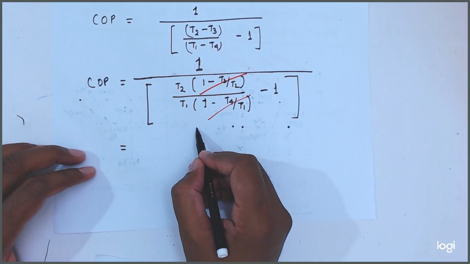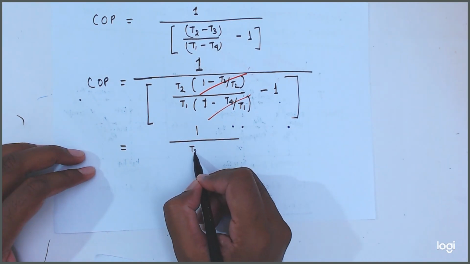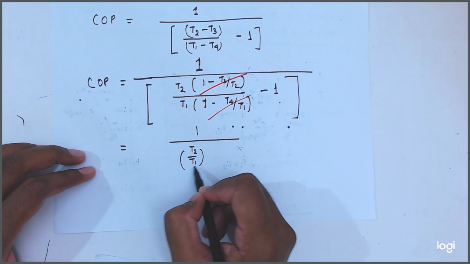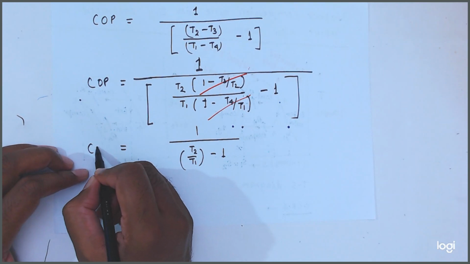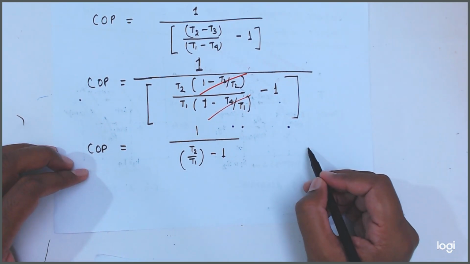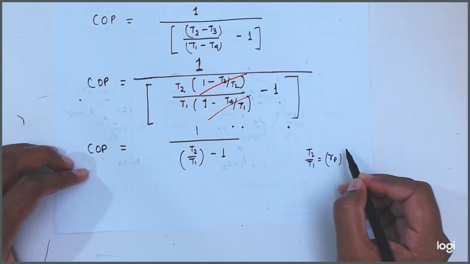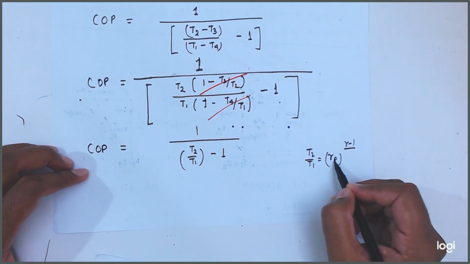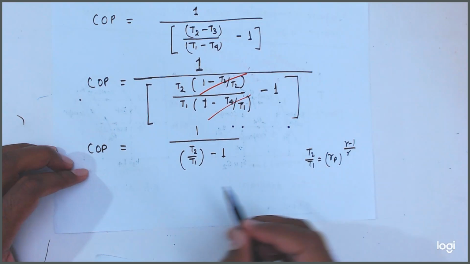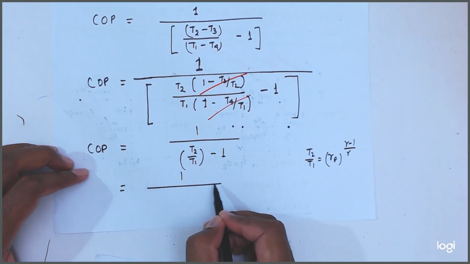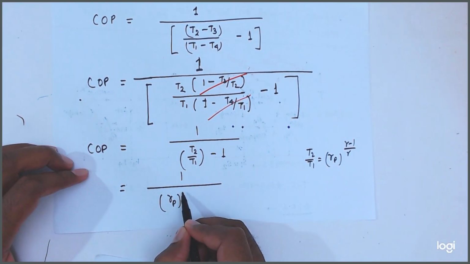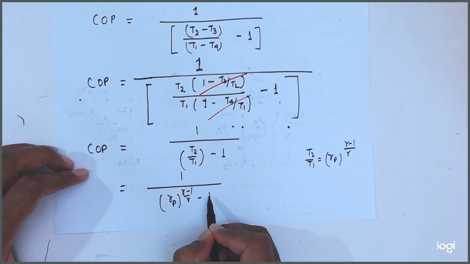What we will achieve is 1 upon T2 upon T1 minus 1. This is the COP. And we know that, friends, T2 upon T1 is equal to Rp to the power gamma minus 1 upon gamma. So we will put this value: 1 upon Rp to the power gamma minus 1 upon gamma minus 1.